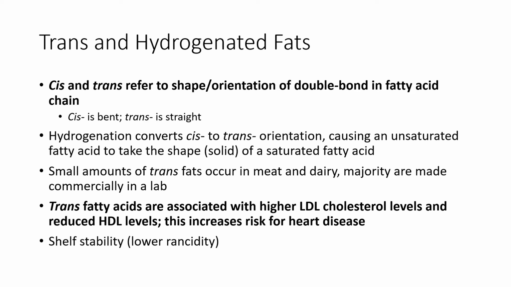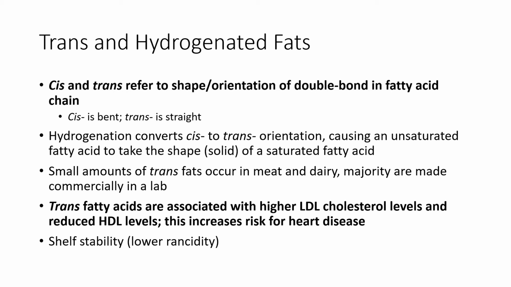All right, and we'll talk briefly about trans fats and hydrogenated fats. So remembering back to the saturated and unsaturated image, those unsaturated fats are kinked and so therefore more liquidy in nature. Hydrogenation is the process of converting that kink, basically straightening out the kink by changing the orientation of that double bond.